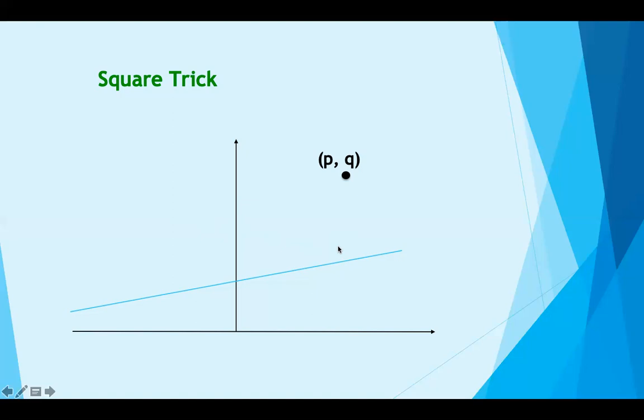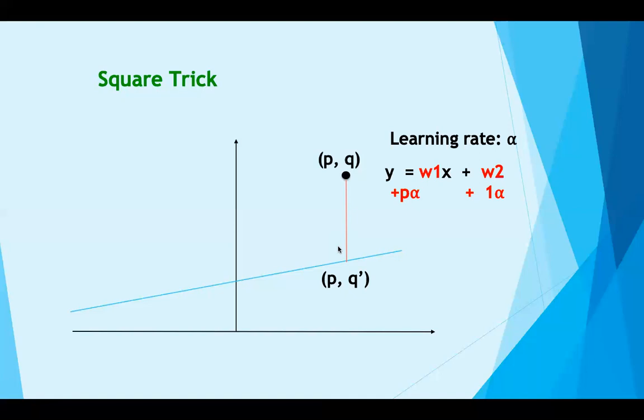So now let's add the vertical distance into this formula. Let's look at this vertical distance between this point and the line. The point on the line has coordinates (p, q'), and the distance is then q minus q'. We will multiply this q minus q' to the slope and to the y-intercept.